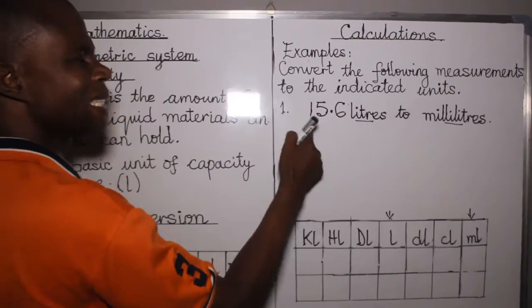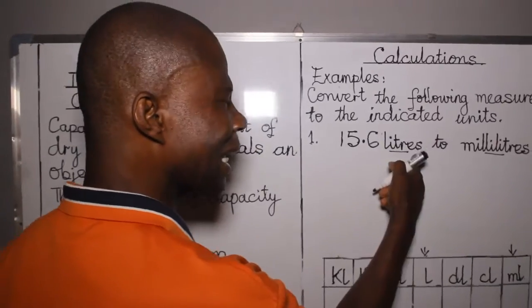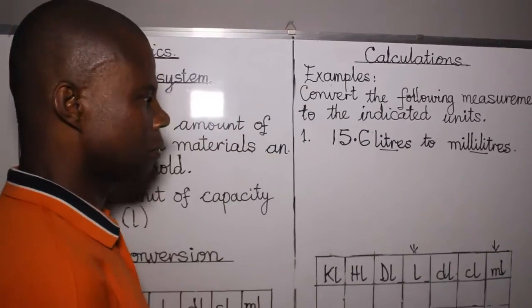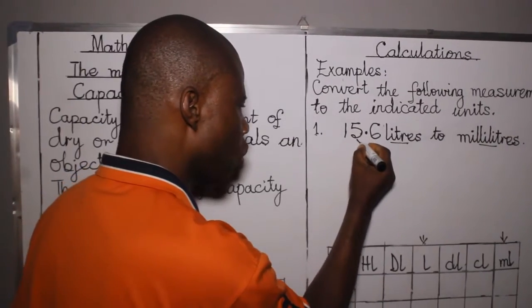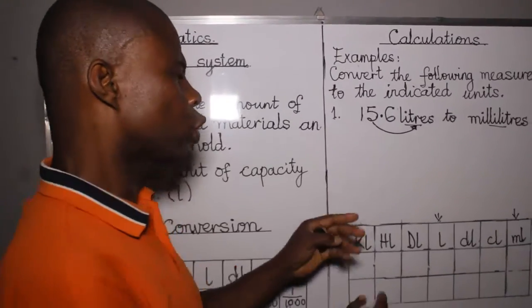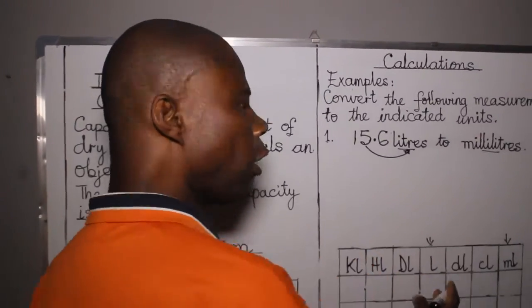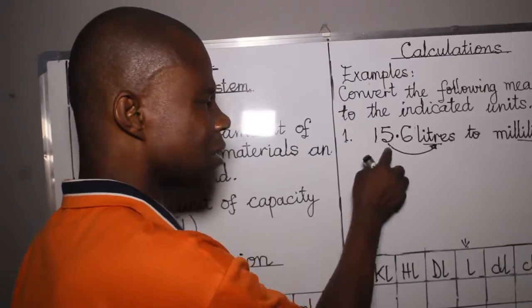Now, this figure is a decimal number because it contains a decimal point, which means this 6 can't enter the liter column. Rather, it is this that is the whole. The first figure to the left-hand side of the decimal point is the whole number, so that's where the unit given starts from.